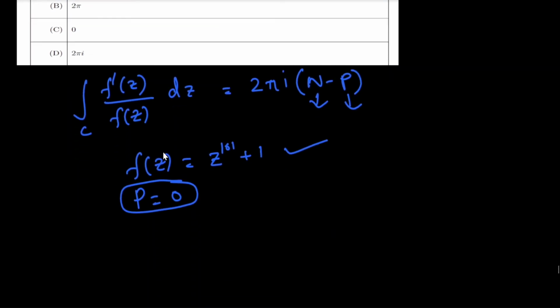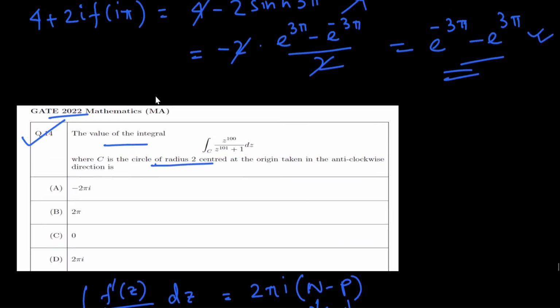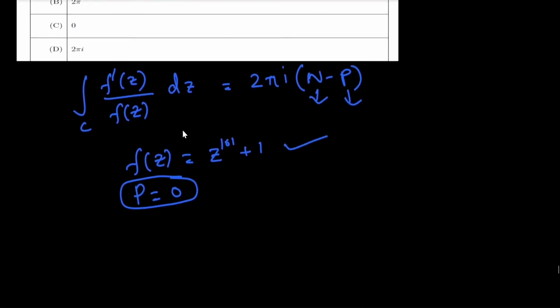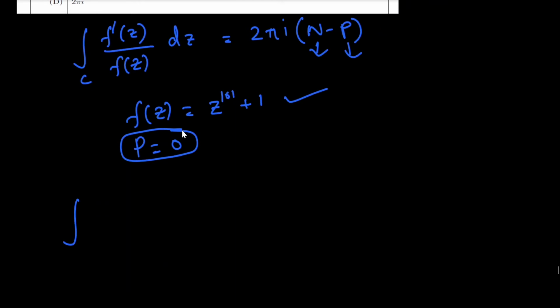First, we manage this by multiplying and dividing by 101. So the integration of 100 z^100 by z^101 plus 1 is equal to 1 by 101 into the integral of 101 z^100 by z^101 plus 1 dz. If we take f(z) equal to z^101 plus 1, then 101 z^100 is the derivative of f(z).